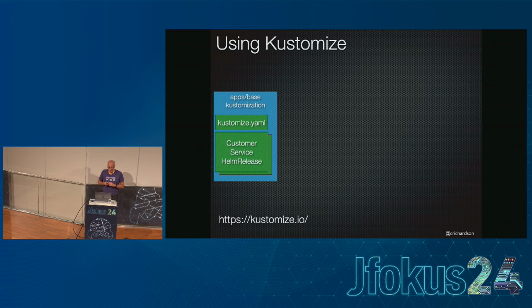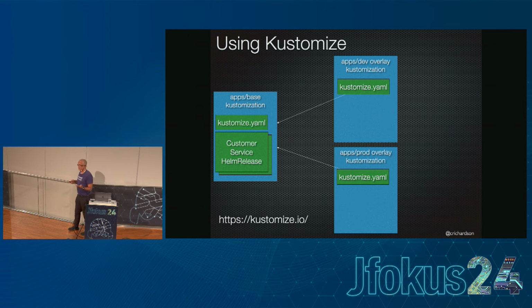It just has to be there. And then for each environment, you define an overlay customization: another directory, one for dev, one for prod, that has a kustomization.yaml file in it that specifies that the base is the app/base directory.